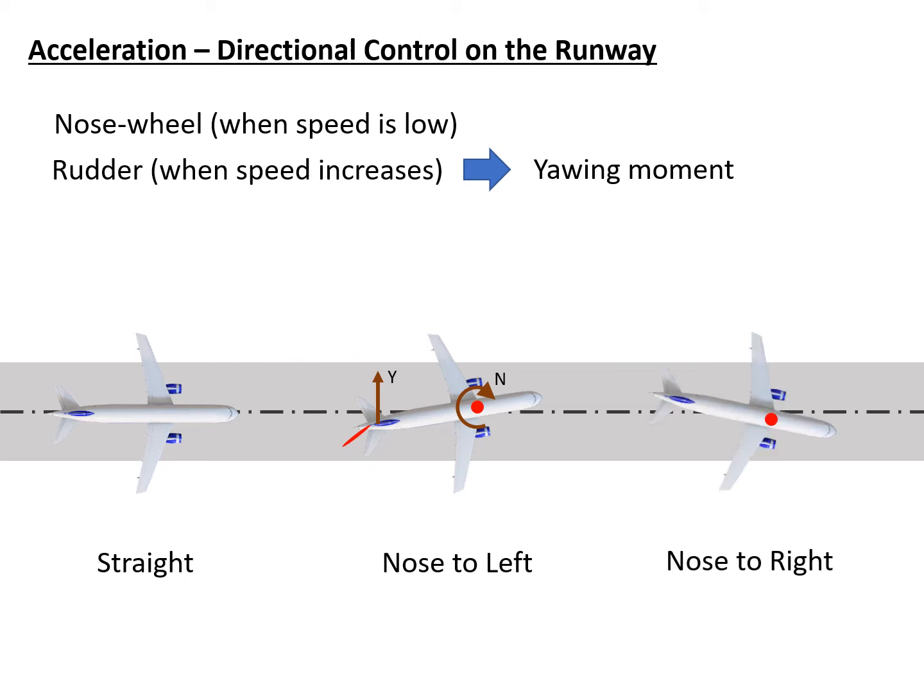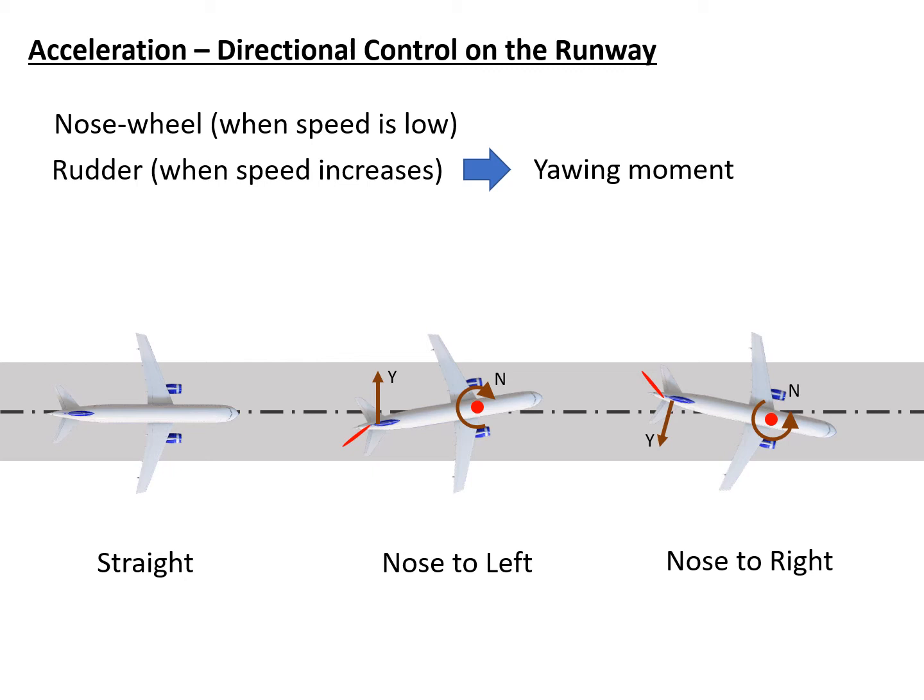And so now it's clear, if the nose to the right, we need to deflect the rotor towards the left, right? So this will create another side force and generate a yawing moment to make the aircraft straight along the runway.